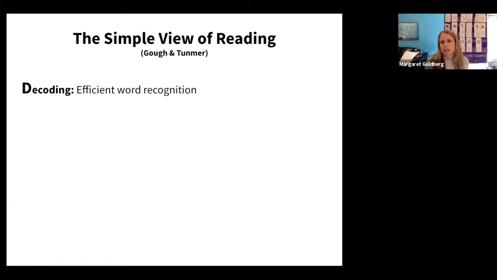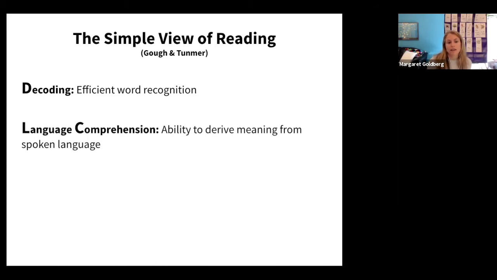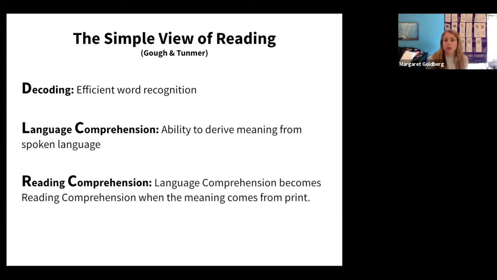So this is not just sounding out words, it's being able to recognize words by sight. Then we've got the LC, standing for language comprehension, which is the ability to derive meaning from spoken language, to understand what people are saying. And then what we're shooting for is reading comprehension, the RC. So language comprehension becomes reading comprehension when the meaning comes from print.